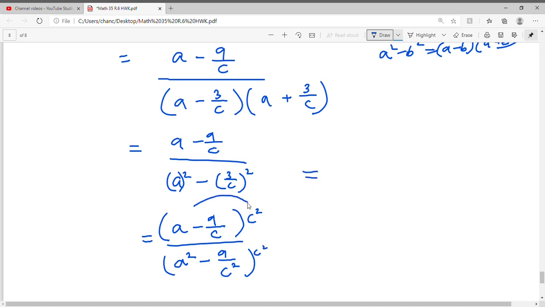This gives us ac squared minus 9c, because the c and the c squared reduce by 1. Then we have a squared c squared, and the c's reduce out, minus 9.